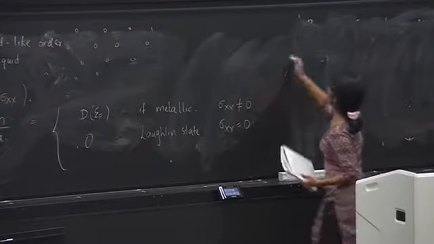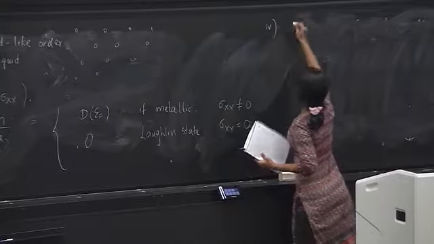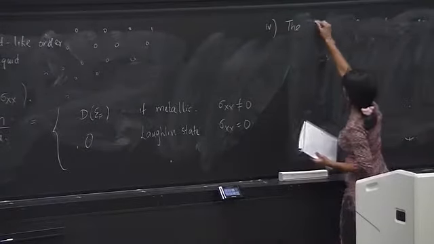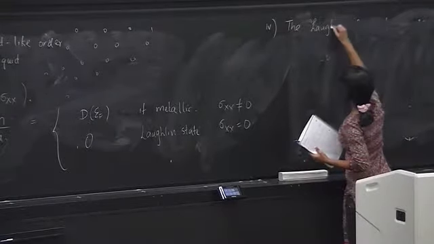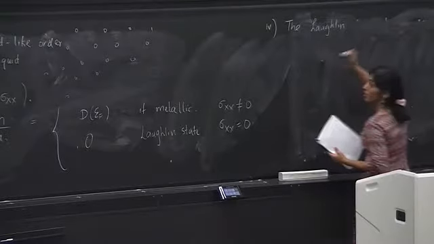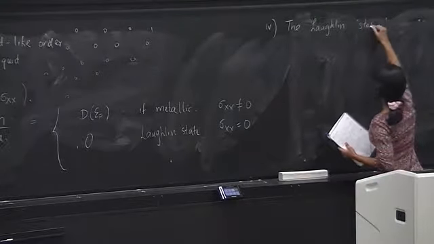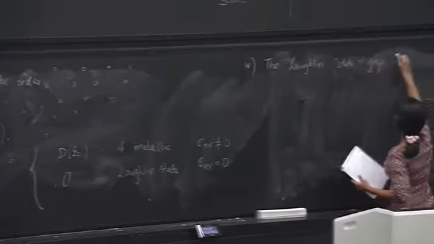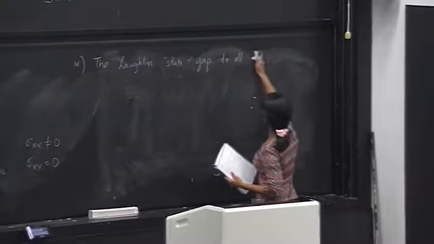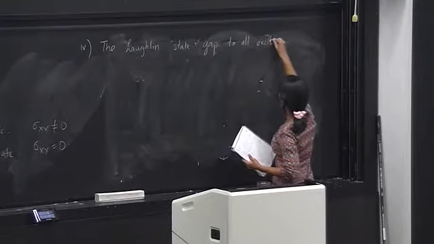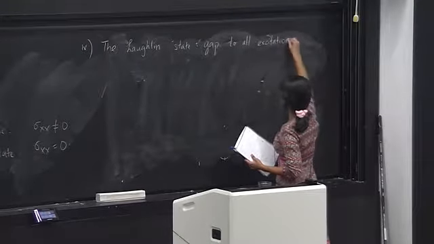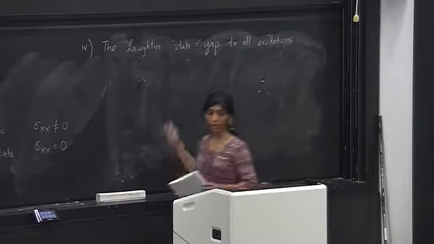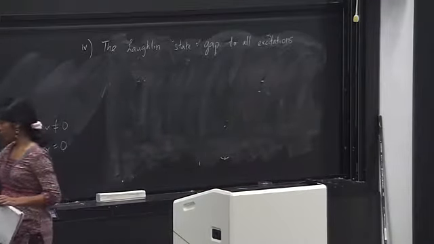Okay, so fourth is that the Laughlin state has a gap to all excitations. Yeah. So, which is where this is coming from.